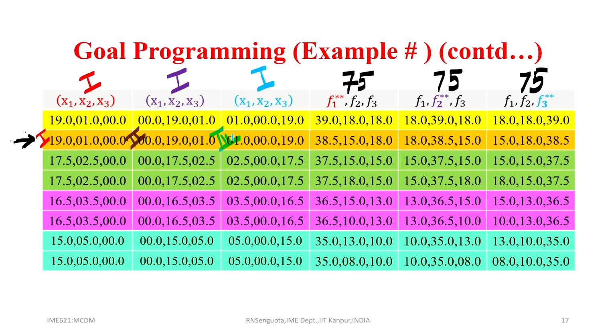And what is the objective function? Add them up. So, here the objective function would be 71.5, 71.5, 71.5.